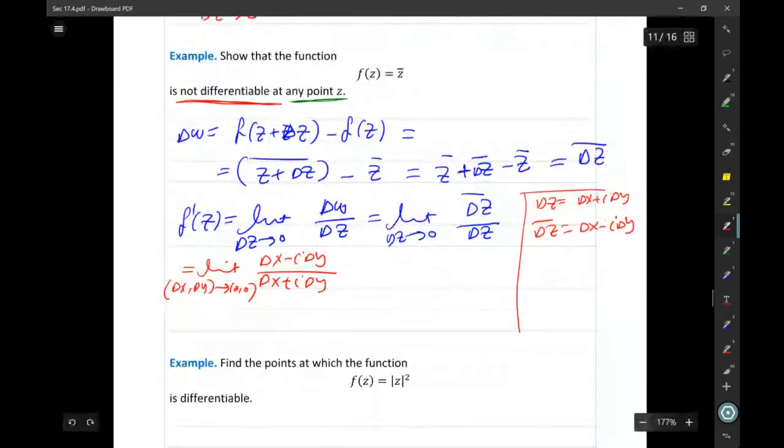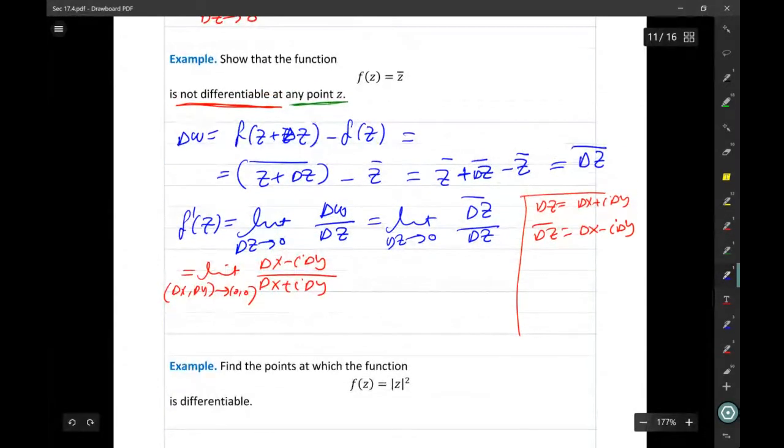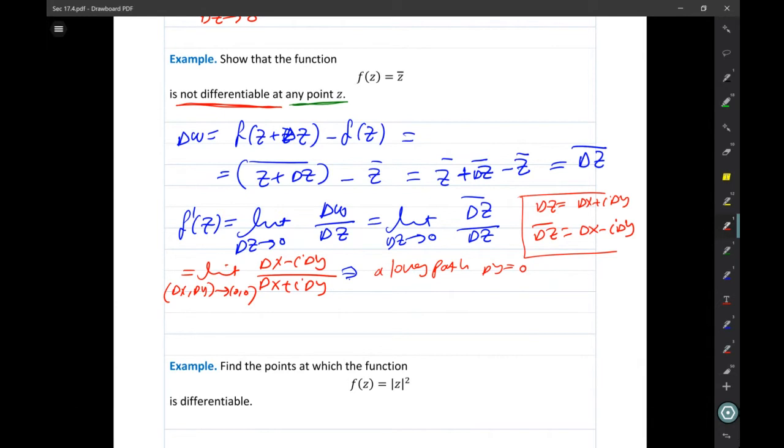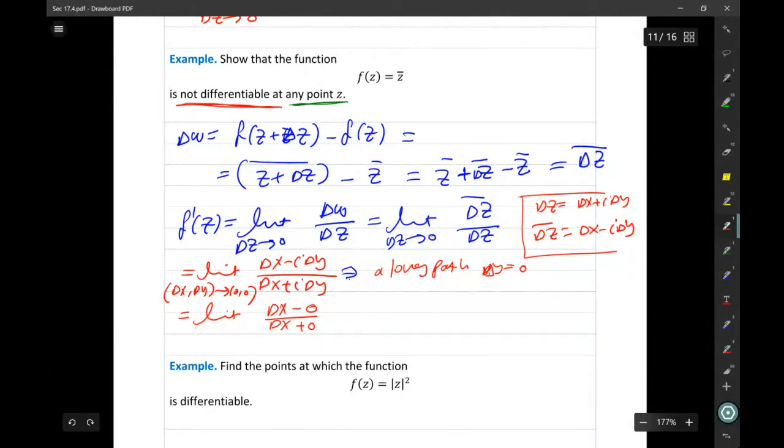Now I have to check different paths: along the path delta y is equal to 0, and along the path delta x is equal to 0. Now along the path delta y is equal to 0, this limit becomes the limit, replacing delta y by 0, of delta x minus 0 over delta x plus 0, where delta x goes to 0, which is equal to 1.